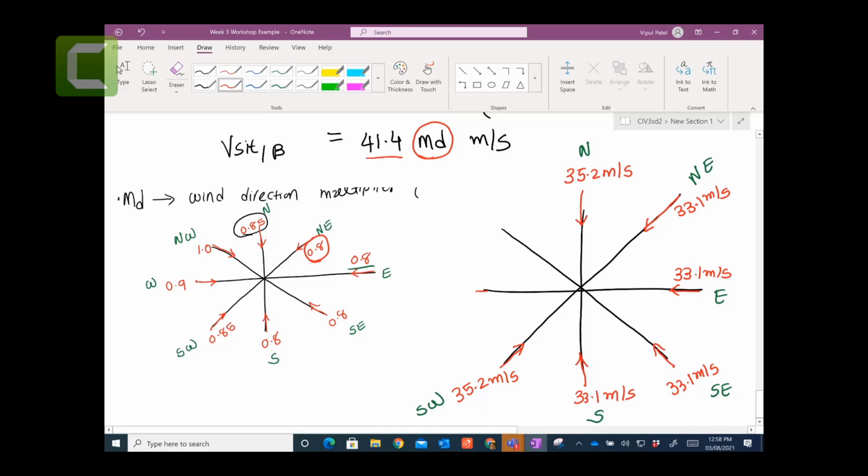Then 0.9, so 41.4 times 0.9, you get 37.3 meters per second, and that is west. Then you have 1, which is easy, 41.4 meters per second, and that is northwest, right? Any questions so far?